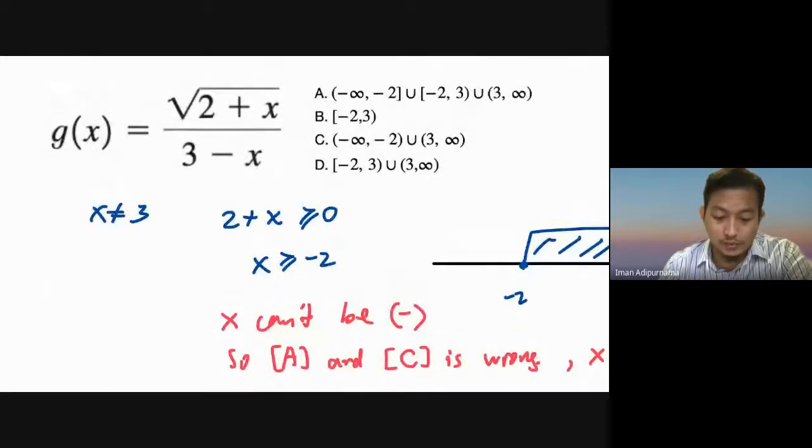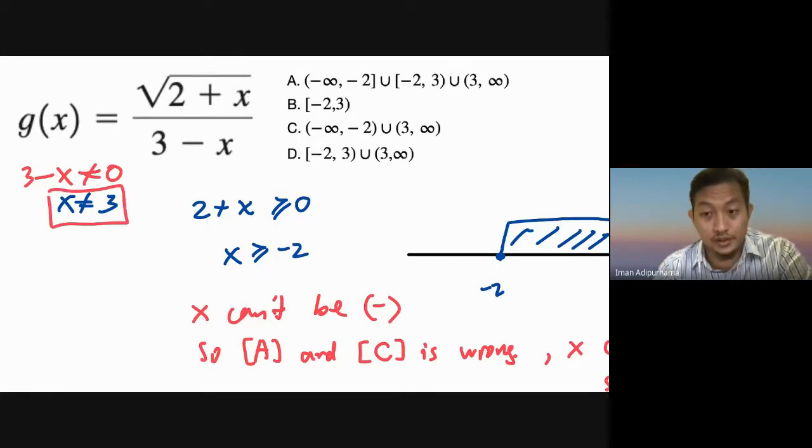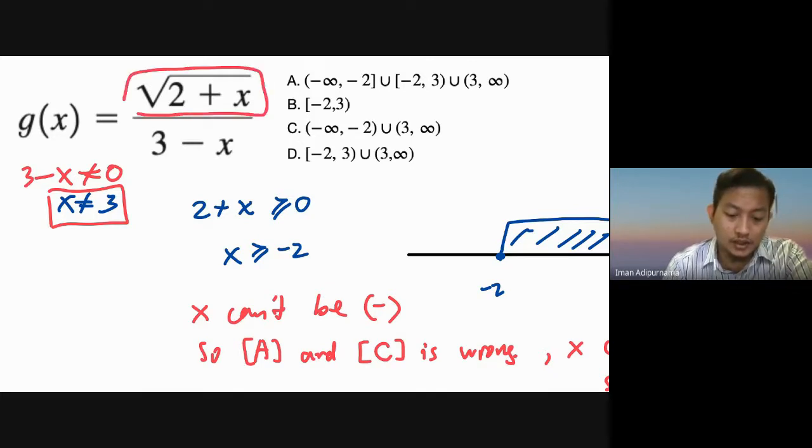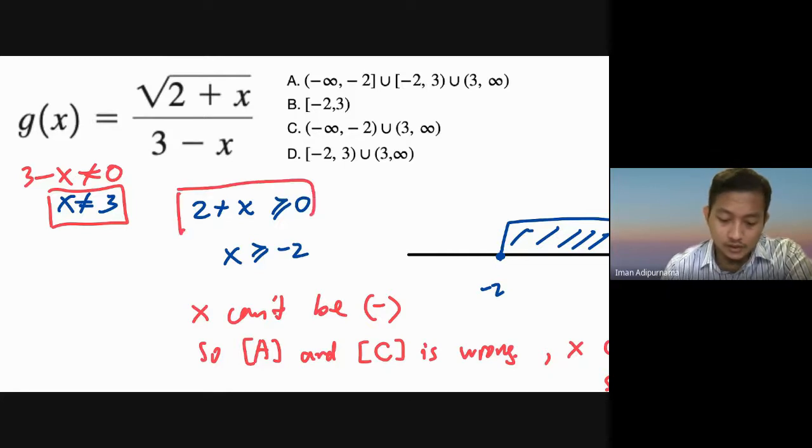So 3 minus x is not equal to 0, or we can write x is not equal to 3. The second one is 2 plus x in the square root. The square root needs to be greater than or equal to 0, so we write this.